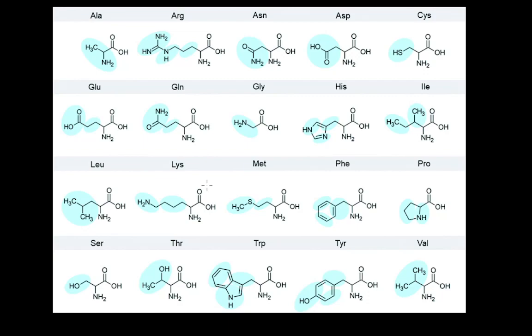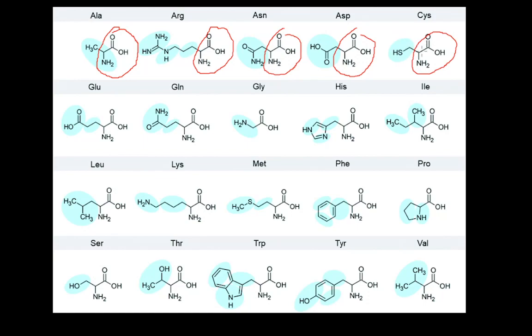About 20 have been shown here. Take a look at the different types of groups that are present, while the basic structure is still the same.